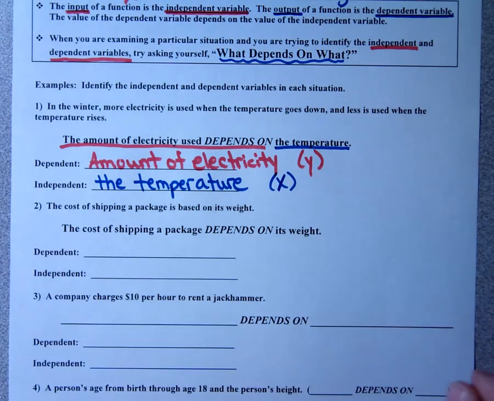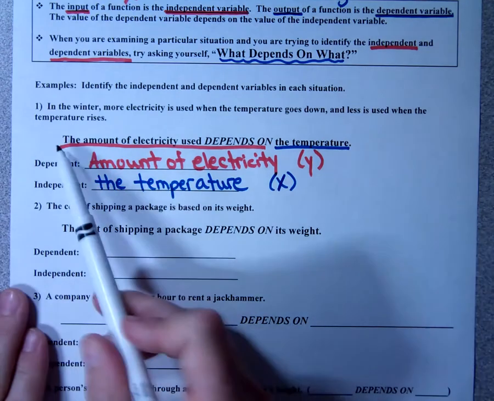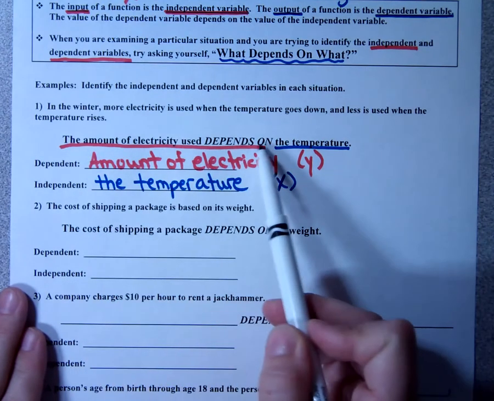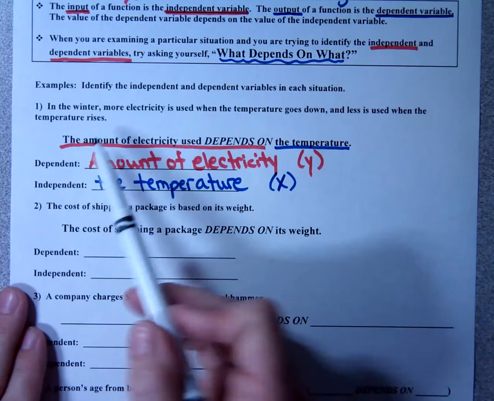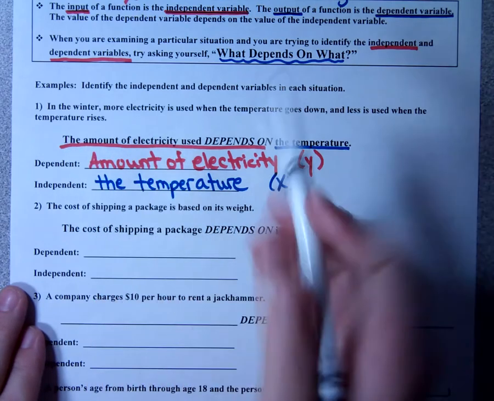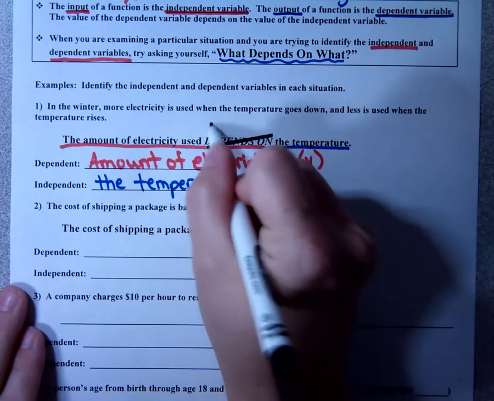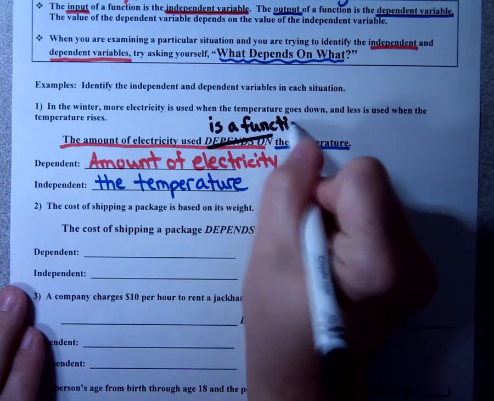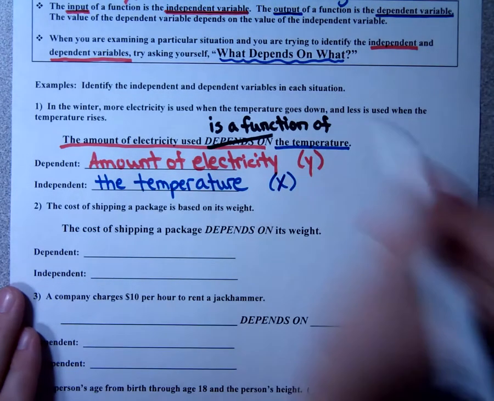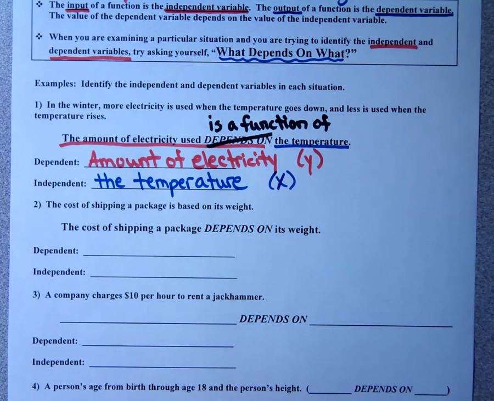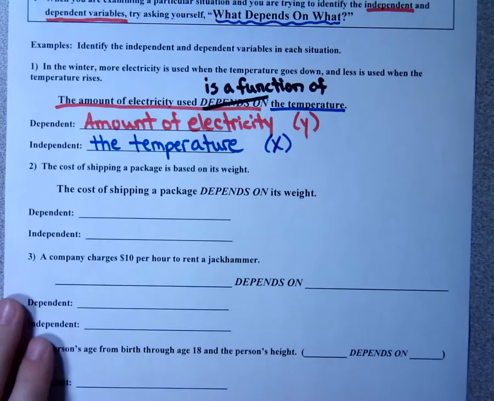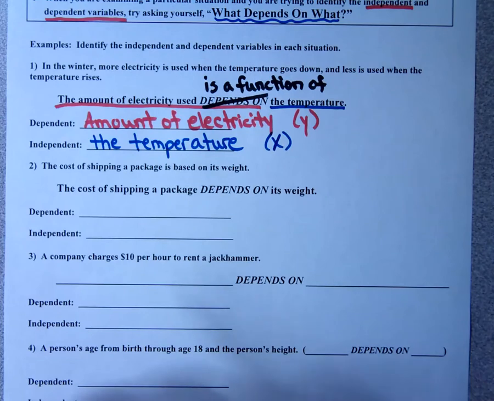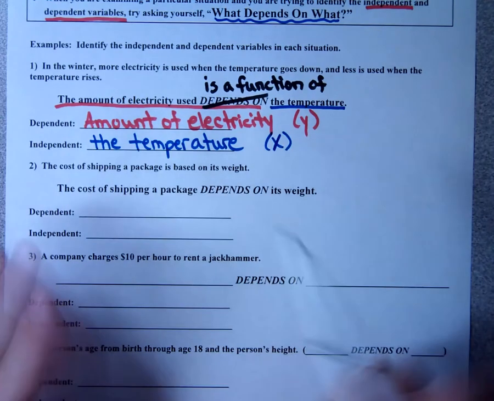Another way you might hear this worded sometimes is instead of the amount of electricity used depends on the temperature, you might hear it said the amount of electricity used is a function of the temperature. So I need to make sure that you are aware of both ways of how it might be said.